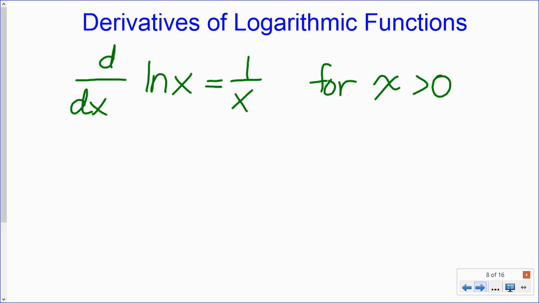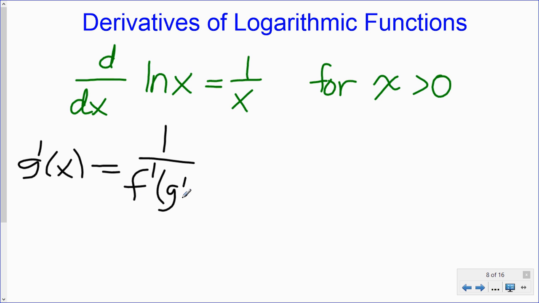Well, remember the rule that we learned when we were finding derivatives of inverse functions? These were problems that would say if f and g are inverse functions, find g prime of x, and we knew that would equal 1 over f prime of g of x.